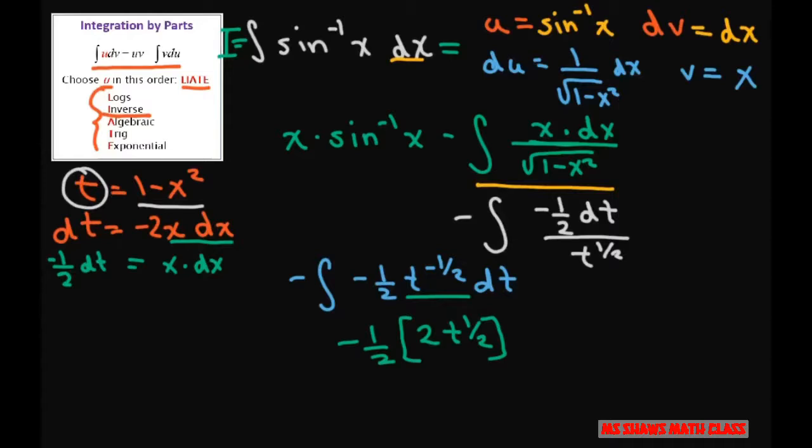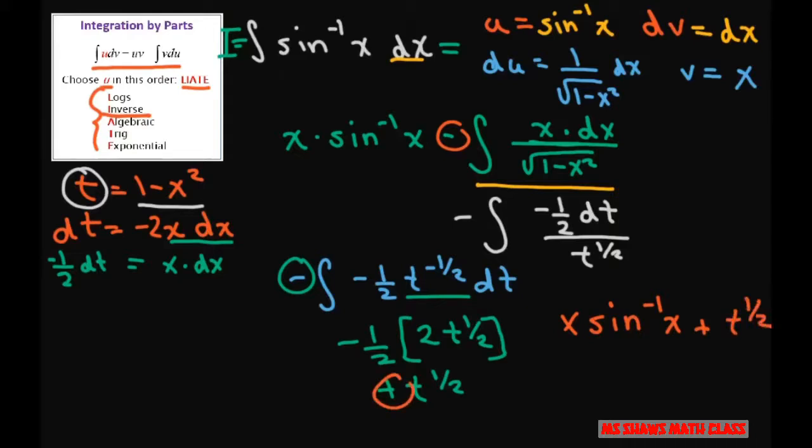When you simplify that, you're just going to get t to the 1/2, and we still have this negative in front. So our final answer is going to be x times inverse sine of x plus, because these two negatives make a positive, t to the 1/2 power.